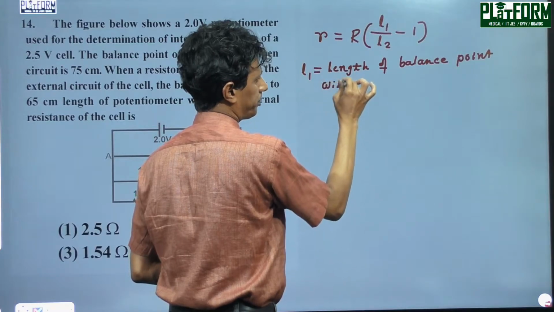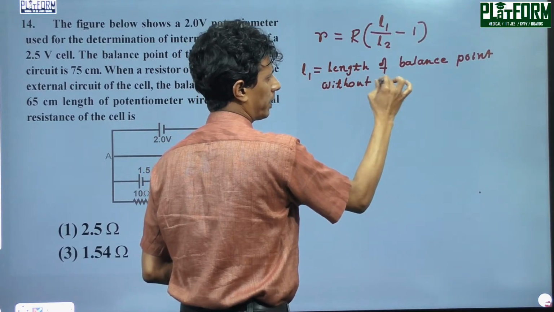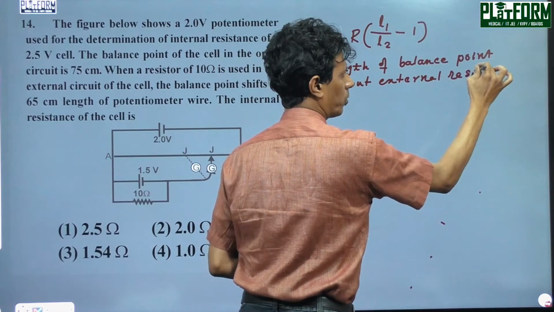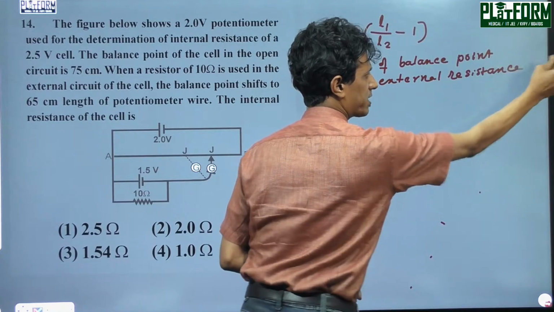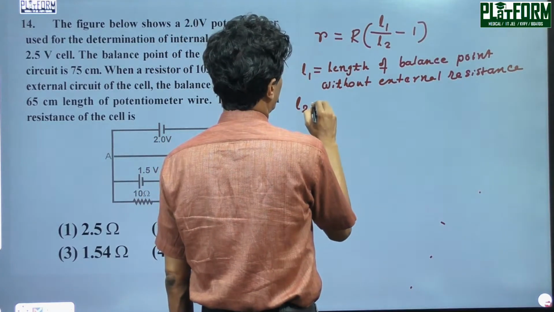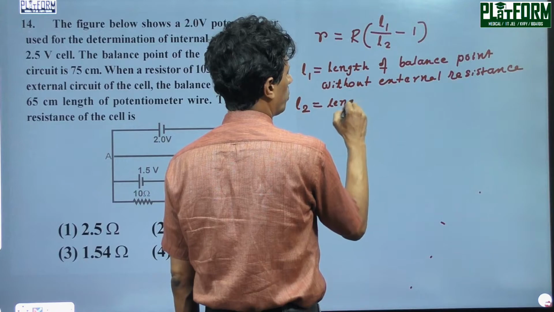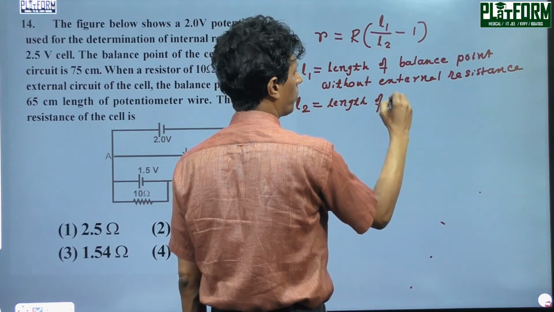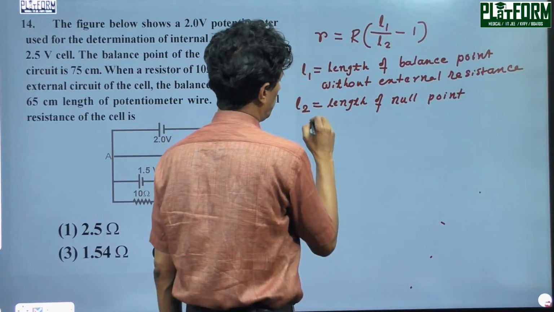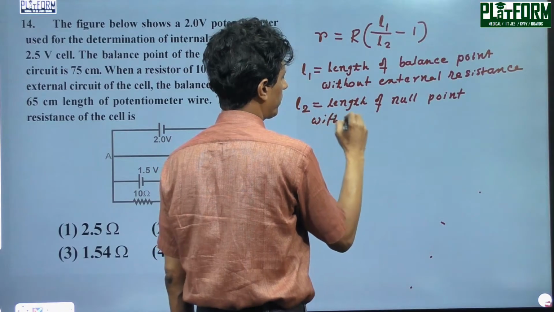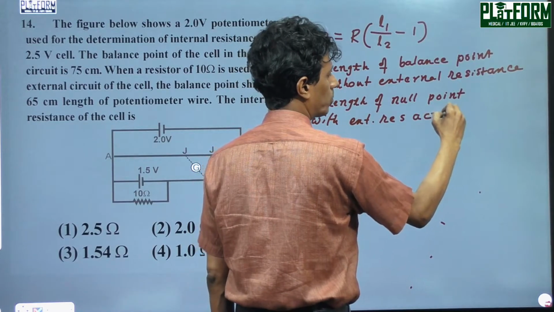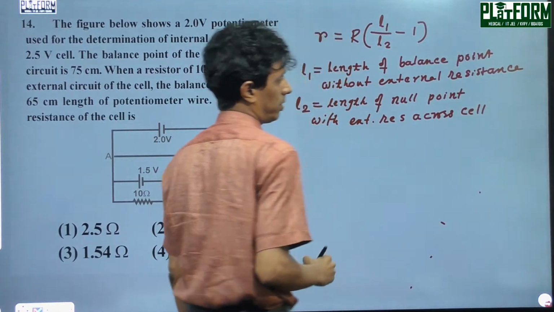Without external resistance, and L2 is the length of null point with external resistance across the cell.